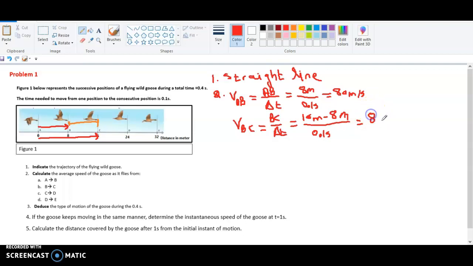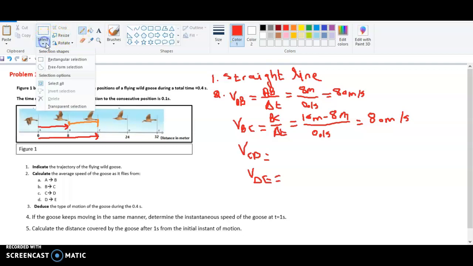It is 80 meters per second. Then VCD and then VDE. You have to do them all in the same manner.